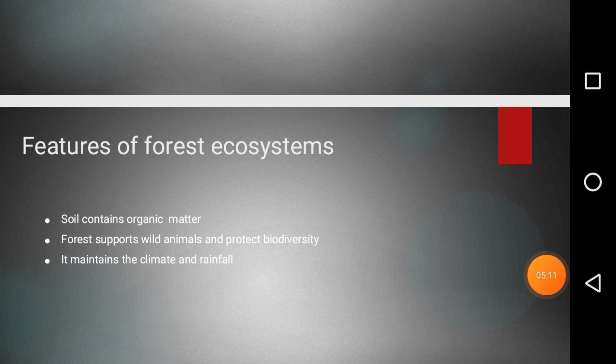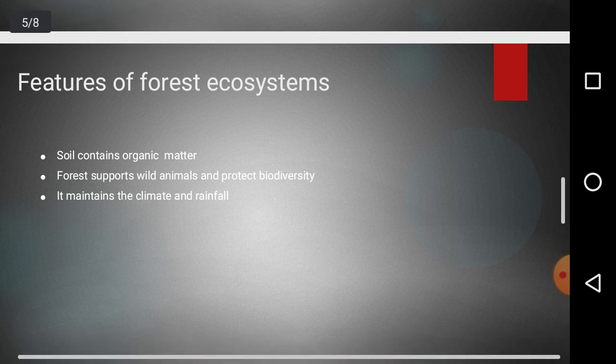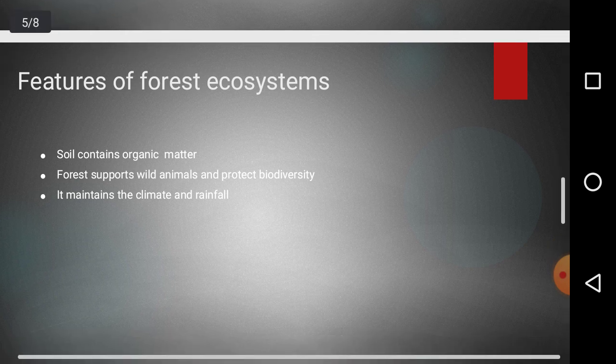Then let's look at the features or the characteristics of the forest ecosystem. The first one is that soil contains organic matter. This means that the type of soil found in the ecosystem is rich in organic matter in which nutrients are found.